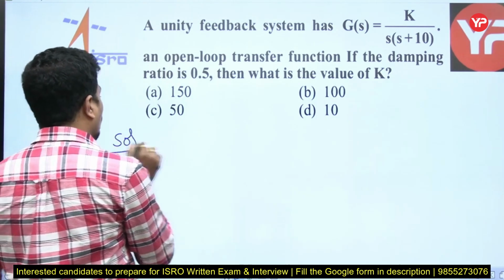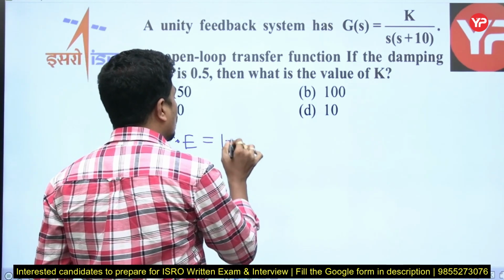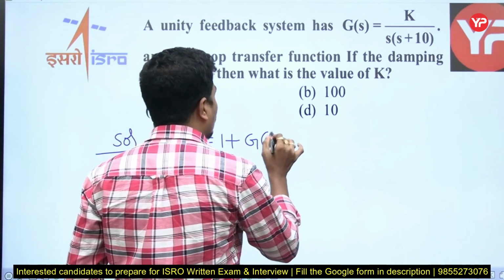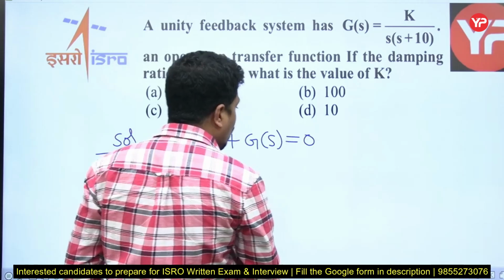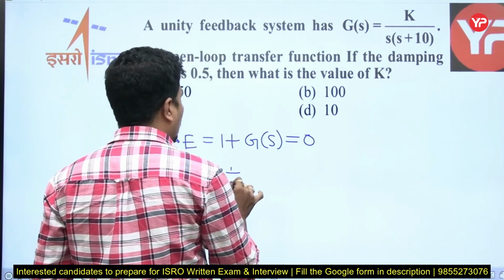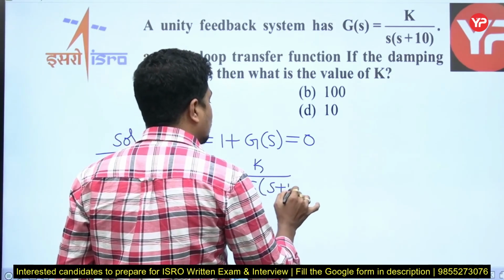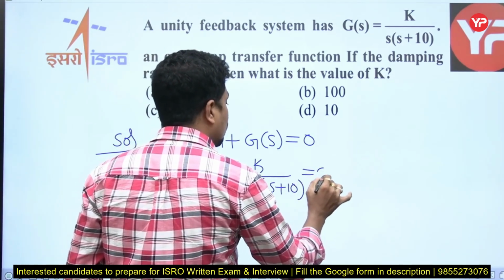You tell me what is the characteristic equation. Characteristic equation is 1 plus G of S is equal to 0, that is 1 plus K by S into S plus 10 is equal to 0.